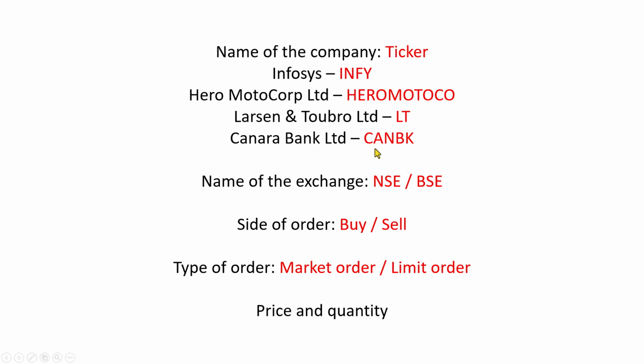Now, if you do not know the ticker of a company in which you are trying to invest, then you can directly type in the name of the company and select it. We will do that later. I will go to my desktop and show you how to place an order.